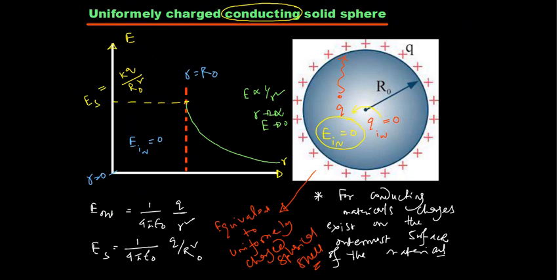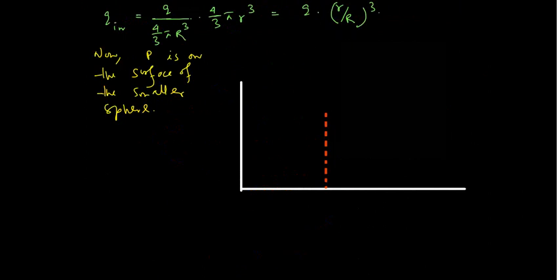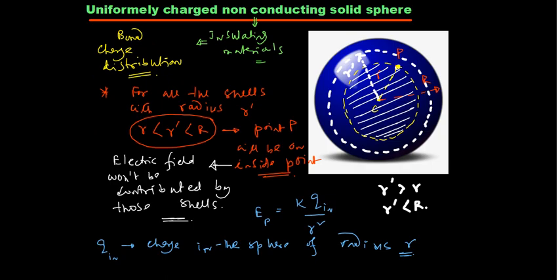So what will I write? Here the electric field at point P will be written as 1 by 4 pi epsilon naught. थोड़ा careful रहना. Q inside, because the charge held by that small sphere is Q inside, divided by what is the radius? Smaller r only. Radius is smaller r, right?